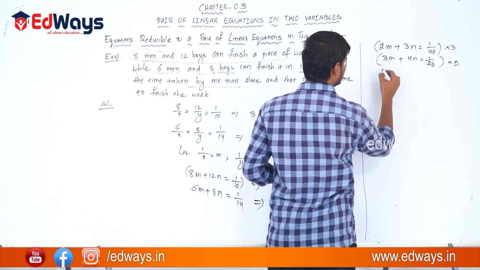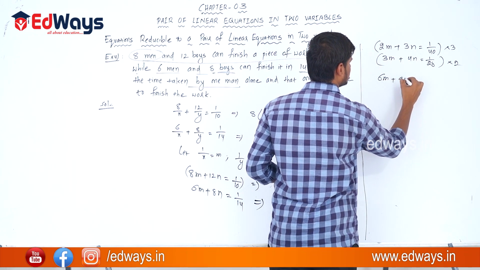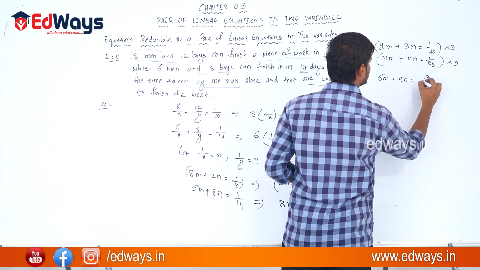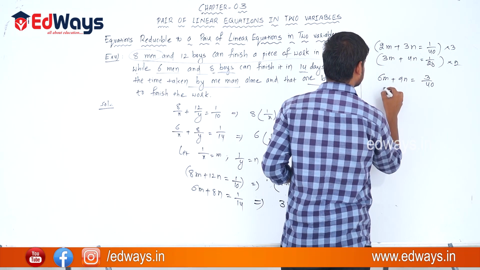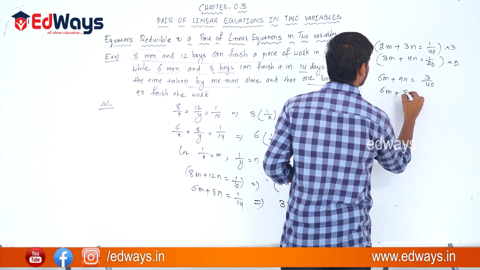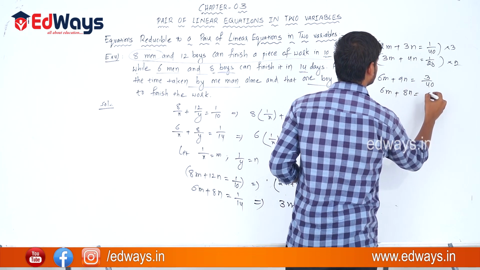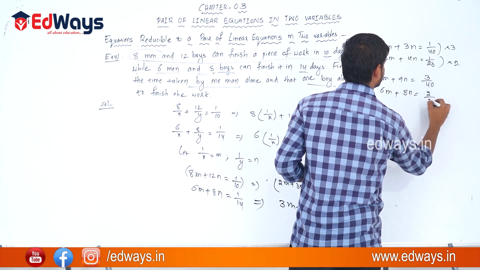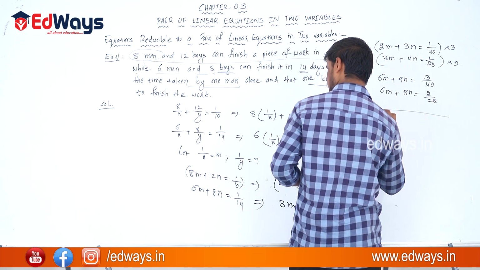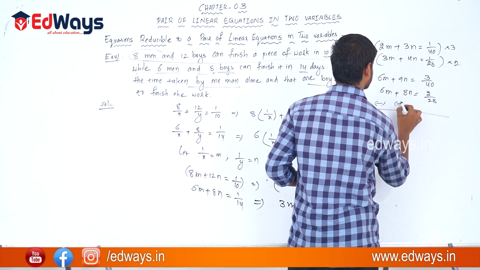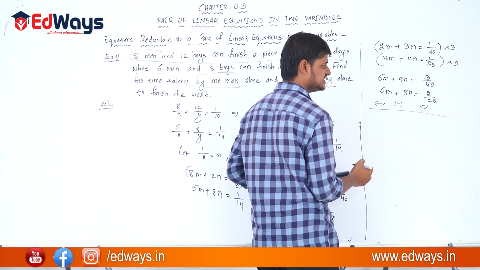Then it becomes 6m plus 9n is equal to 3 by 40, right? And here it is 6m plus 8n is equal to 2 by 28. If I do subtraction here, signs will change.